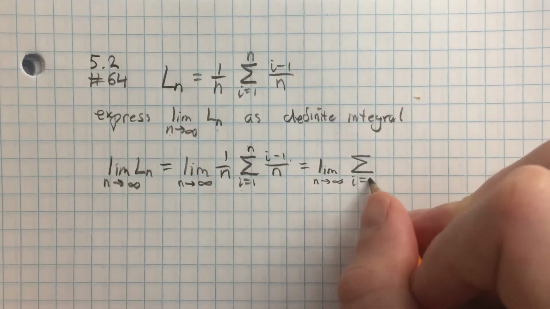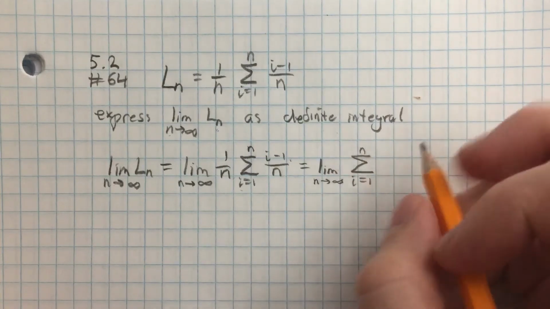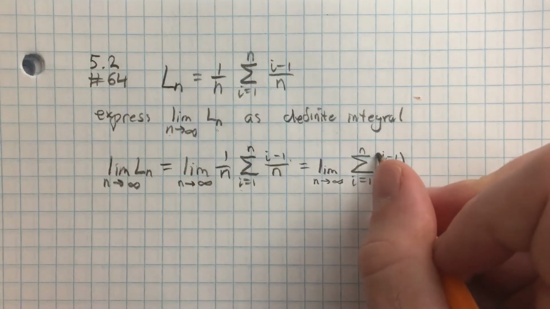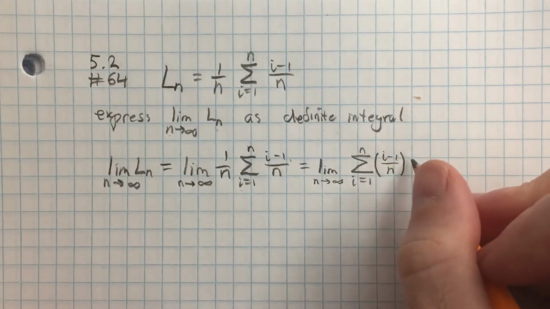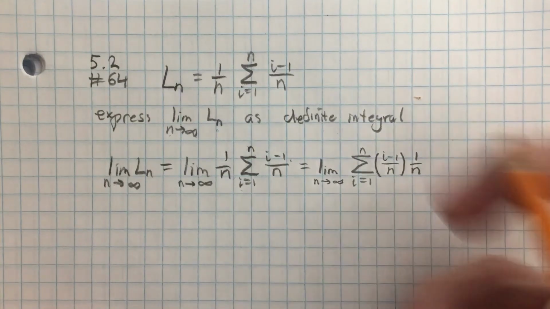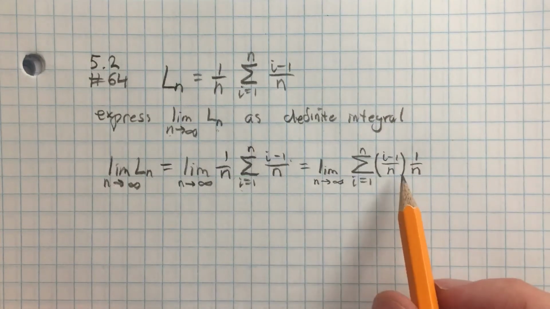Okay, so here now we're starting to get closer to the appearance of a definite integral from its definition. I'll put that there for one second, and then 1 on n. And remember the definition of the integral. I'm going to leave this here for one moment.